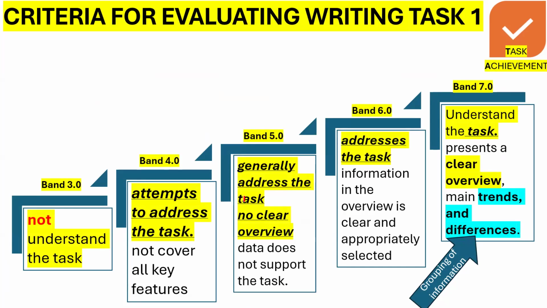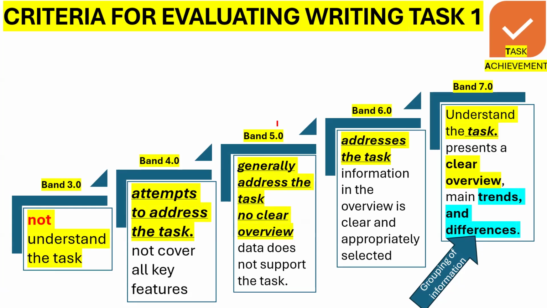Understanding the subject is the most crucial one, as there are many students who fail to get a 7.0 in writing task 1, mainly because of not completely understanding the task. The main issue there is understanding the subject.